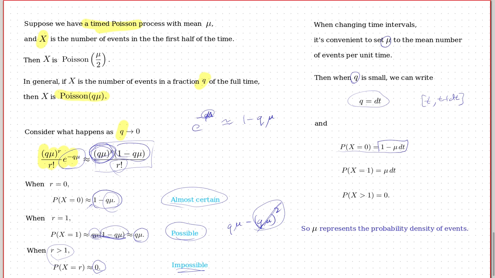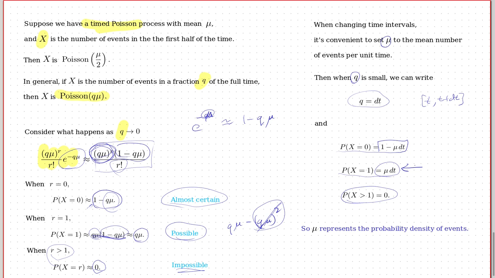I've taken this formula and replaced q by dt. The probability of one event is mu dt, and the probability of more than one event is basically 0. So this fact in particular suggests that mu represents the probability density of events.